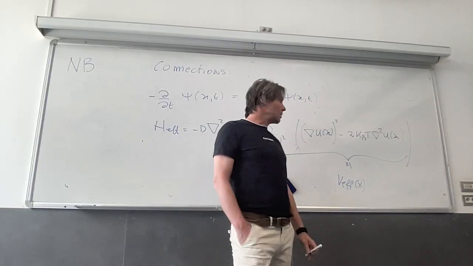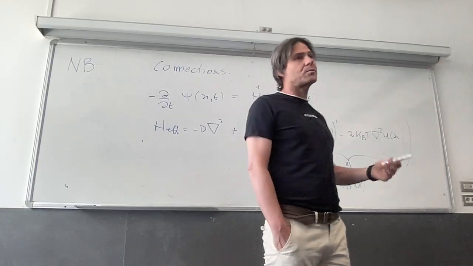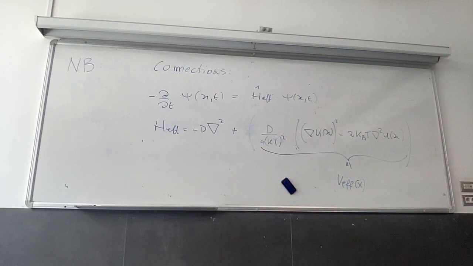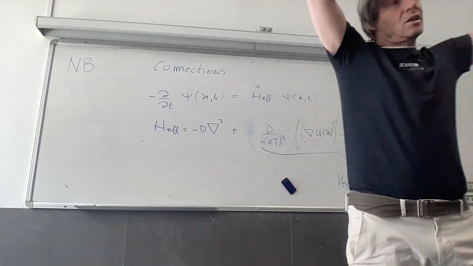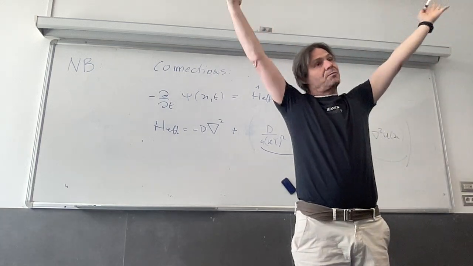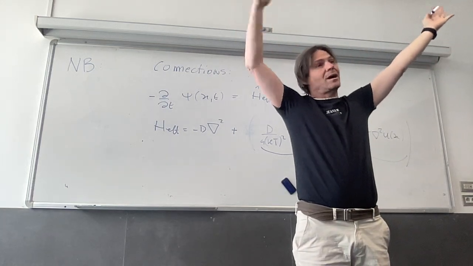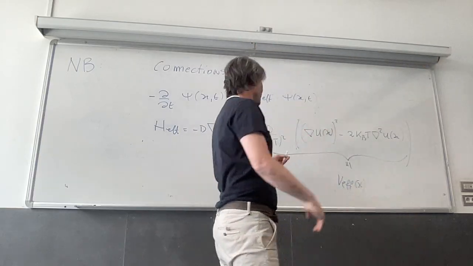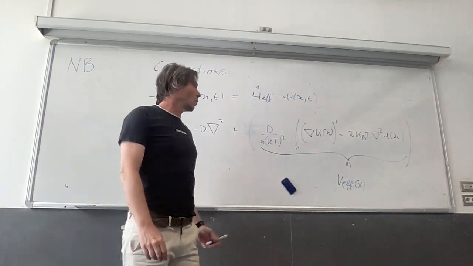Okay? And this effective potential has all the nice properties of the conventional effective potential, meaning if u is a function which is bounded, meaning it has positive derivative and never gets to minus infinity, then also V effective is bounded. Why?